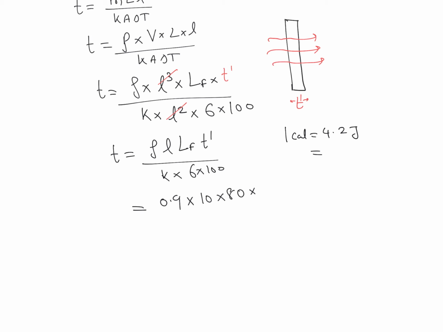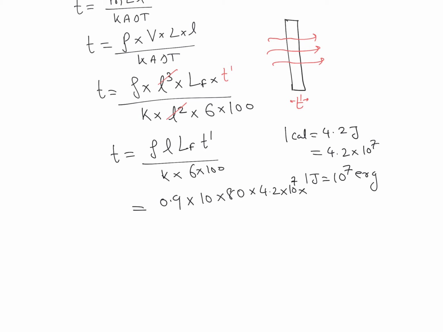So we need to write it as 1 calorie is 4.2 joule and 1 joule is nothing but 10 raised to 7 erg. So we can write the value of this as 4.2 into 10 raised to 7 erg. So we need to convert that. So I'm just multiplying it by 4.2 into 10 raised to 7 into the value of thickness.